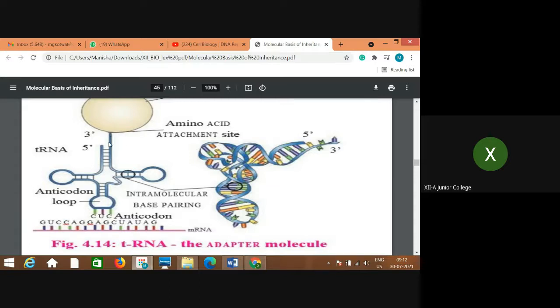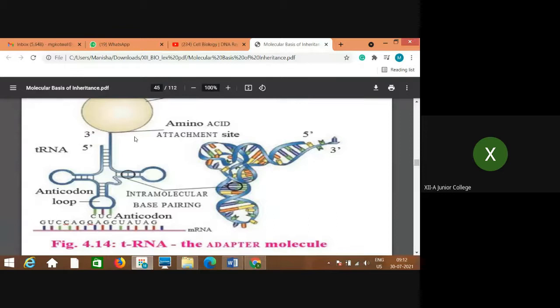This longer, free arm, the 3 prime end, is called the amino acid acceptor or attachment site. This 3 prime end of tRNA is called the AA site, that means amino acid attachment site.